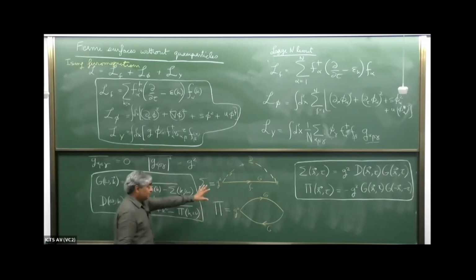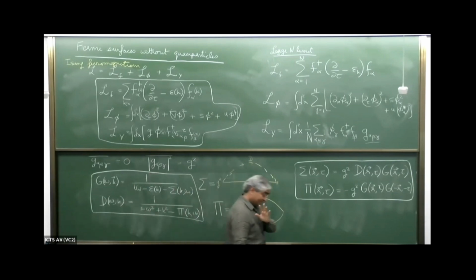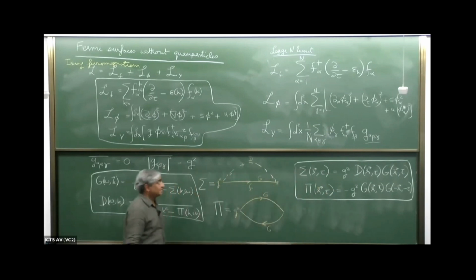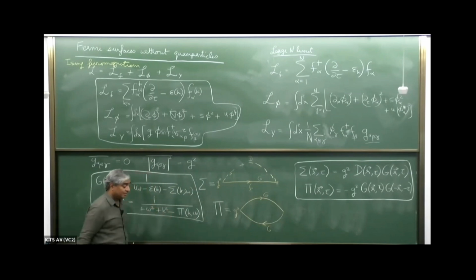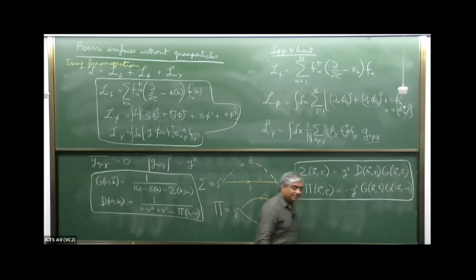I agree that these two graphs are not justified by the SU(N) large N limit. They're justified by a different large N limit. But my claim is that these two graphs have the essential physics, even for a non-abelian gauge field in the presence of a Fermi surface, because that's a deconfined state in the sense of the low energy singularity. And you'll see that the value of g squared is going to drop out of a lot of interesting things.